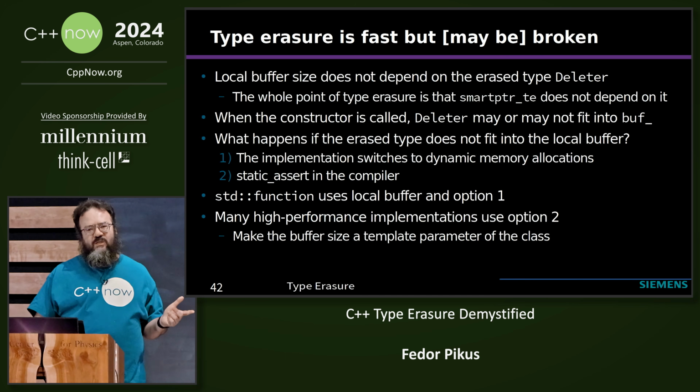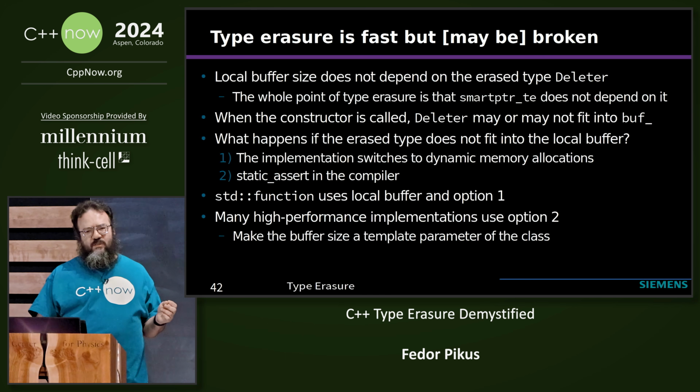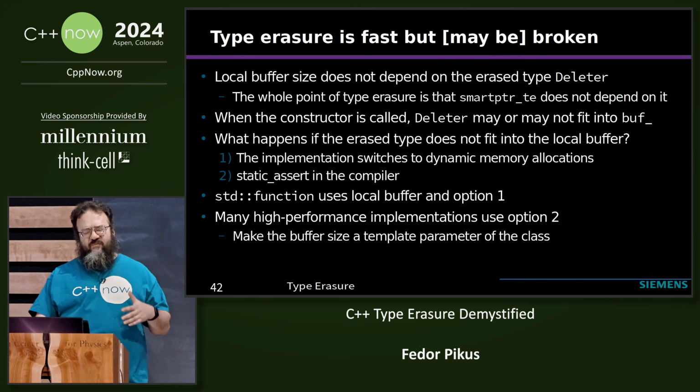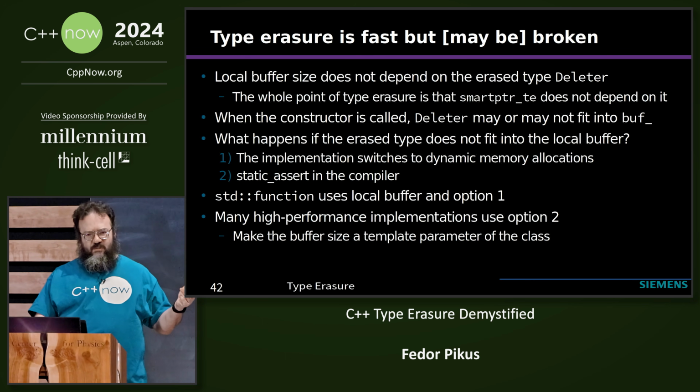Sure, but you don't offer copy in the view type because it's a view, right? You only offer the non-regular salient operations, but everything else you don't. But you still have to store the deleter inside the class. Yeah, you store inside the actual class, but in the view type that only has a pointer to the actual thing, right?